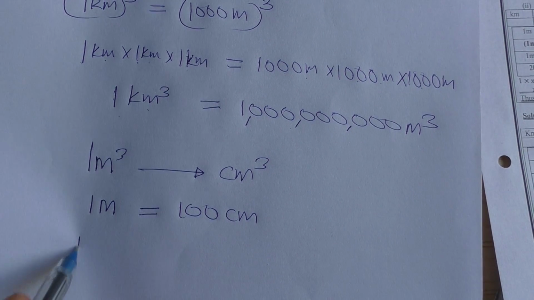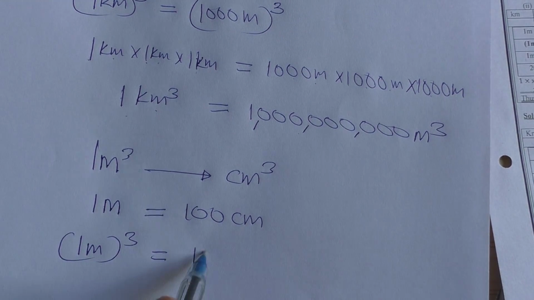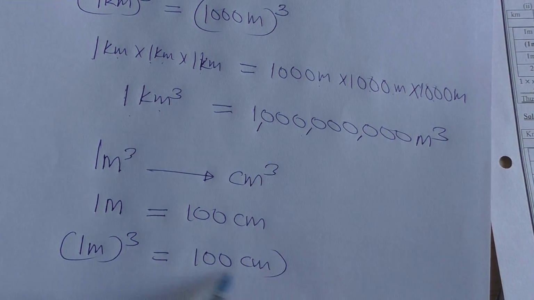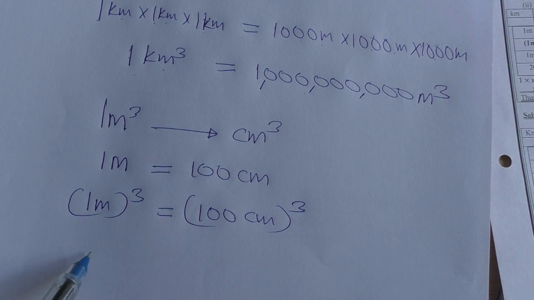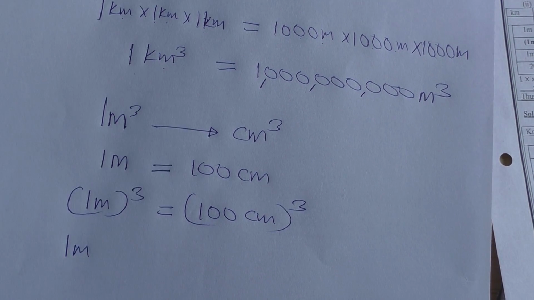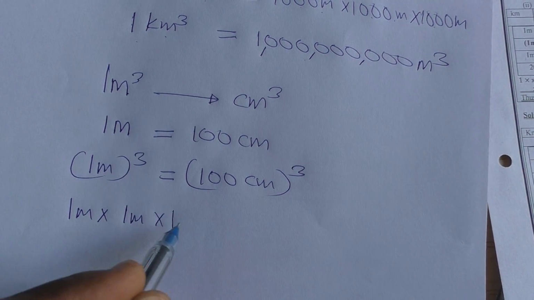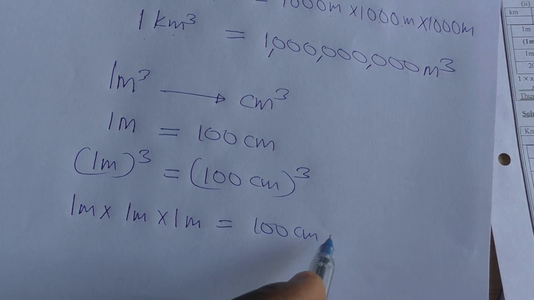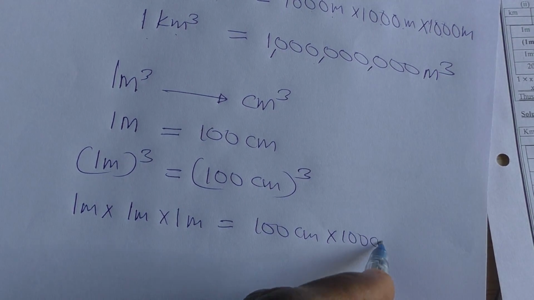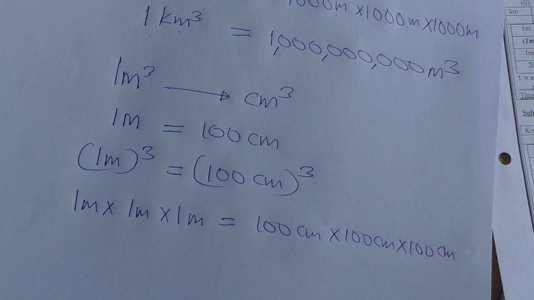Hence, 1 meter cubed will be equal to 100 centimeters cubed. Therefore, this is 1 meter times 1 meter times 1 meter equaling 100 centimeters times 100 centimeters times 100 centimeters.